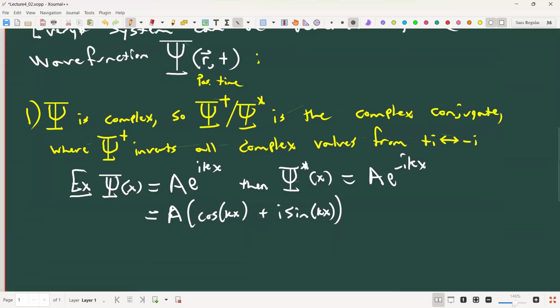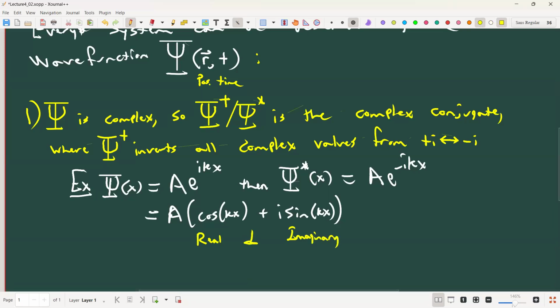There's a real component, cosine, and there's an imaginary component which is perpendicular to it. The real is on this axis, imaginary is on this axis, they're perpendicular to each other. That's also oscillatory. So it's got two components that are perpendicular. So this is the real part and the imaginary part.